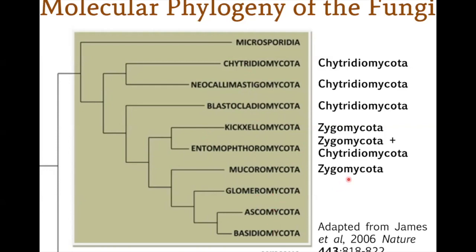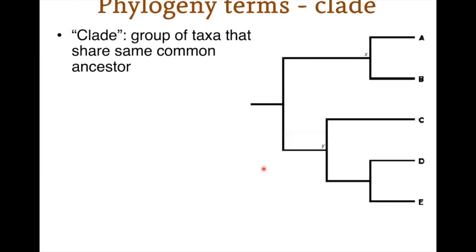In particular, how the Zygomycota and Chytridiomycota are not actual real taxonomic names according to the phylogeny. So in order to show you that that's the case, we need to cover some basic concepts in phylogeny. So I'll go to the next slide.